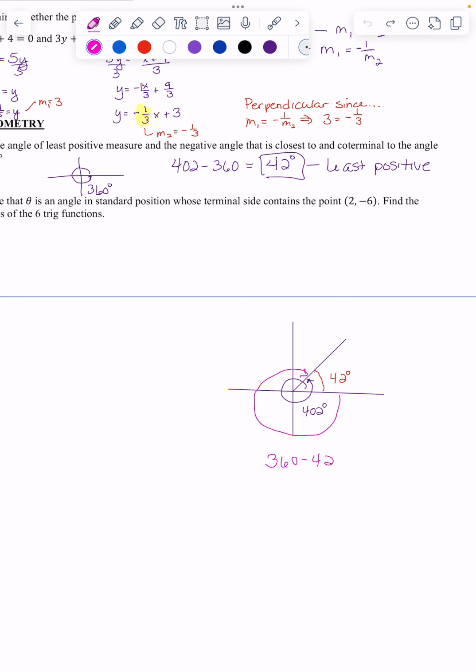Oops, let's do that the other way. I'm starting at 42 and taking off 360. So I have 42 minus 360, and that's going to be equal to negative 318 degrees. So that's going to be my second angle there, right? So come down that way to see this one. This is my negative, okay?